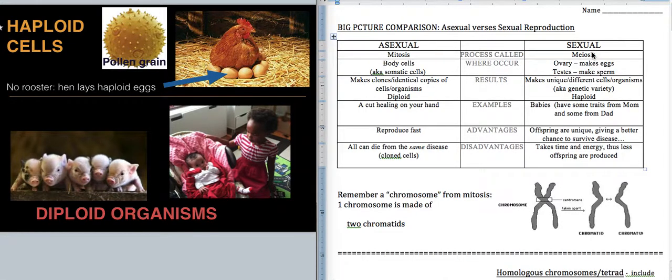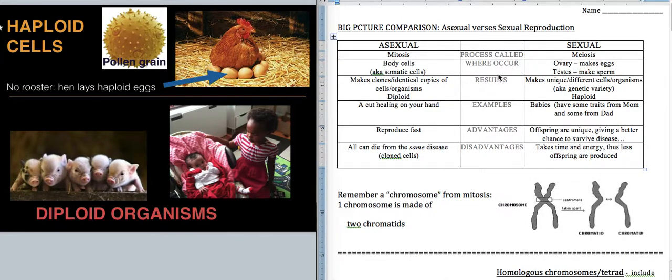So this is correctly pronounced meiosis. I will be incorrectly pronouncing it to help you remember which is which. So this is meiosis and this is mitosis, just to help you remember and differentiate between the two.